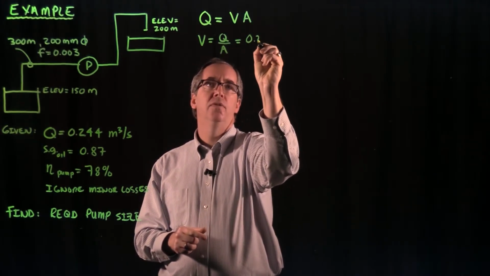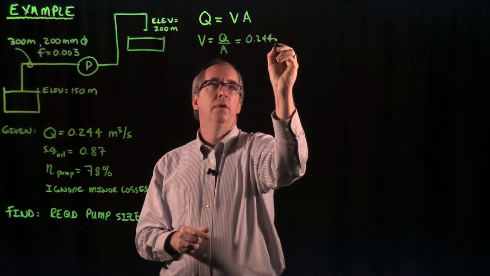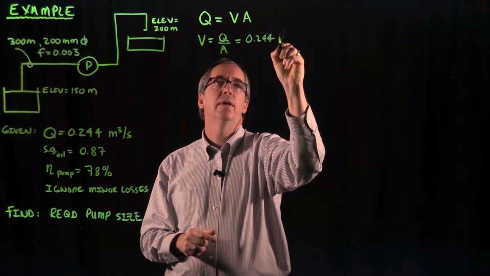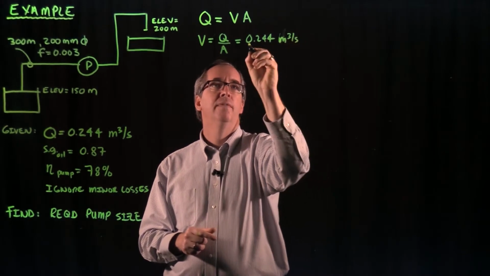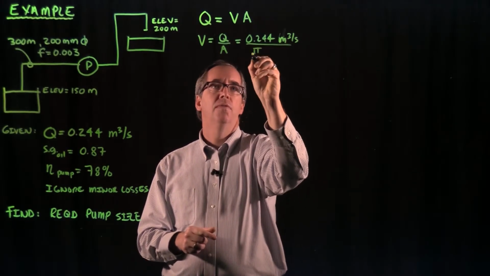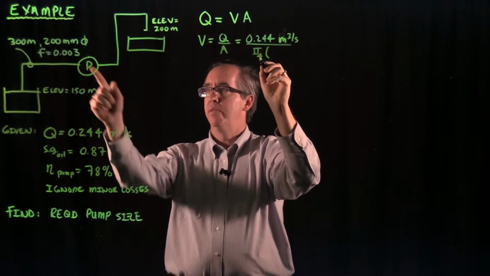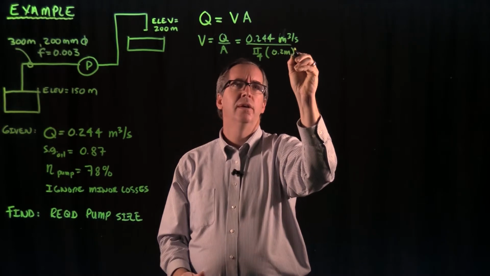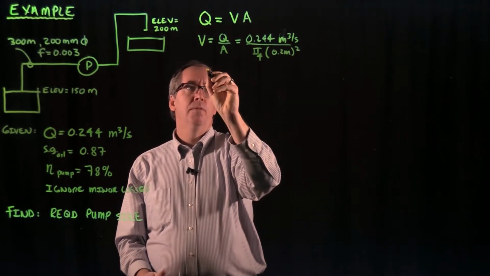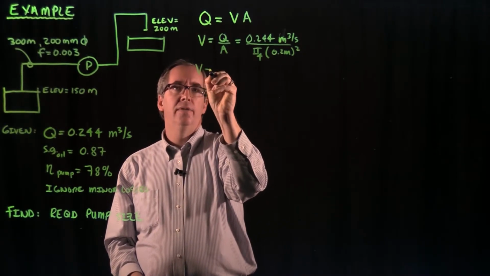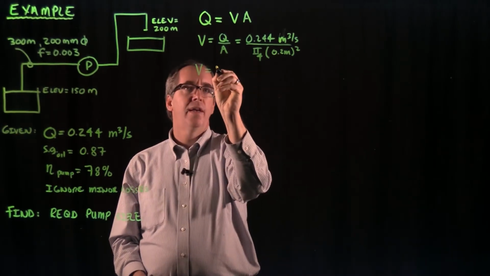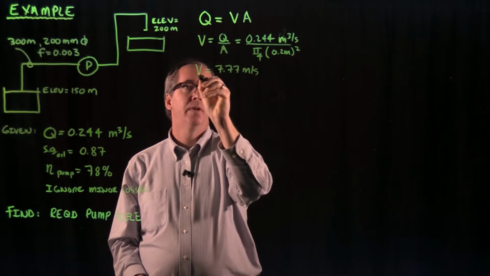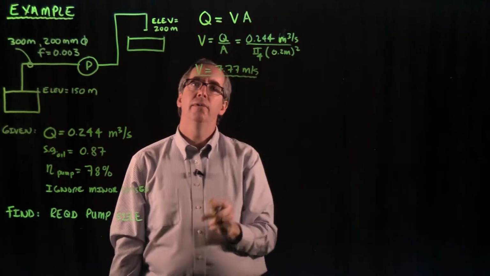Our flow is given as 0.244 cubic meters per second. And then our area is pi over 4 times the 200 millimeter diameter pipe, which is 0.2 meters, squared, okay? And when we solve for that, it gives us a velocity of 7.77 meters per second. Okay, we need that, so I'll go ahead and underline that.